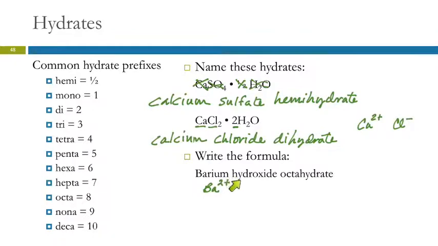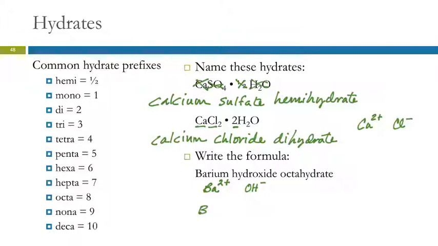We should be able to tell the charge. There's no Roman numeral here, so we're going to have to look at the periodic table. Hydroxide. OH minus. Because you memorize it. And it's always OH minus, it's never HO minus. So then we're going to look at the charges on these to figure out how many of each do I need.